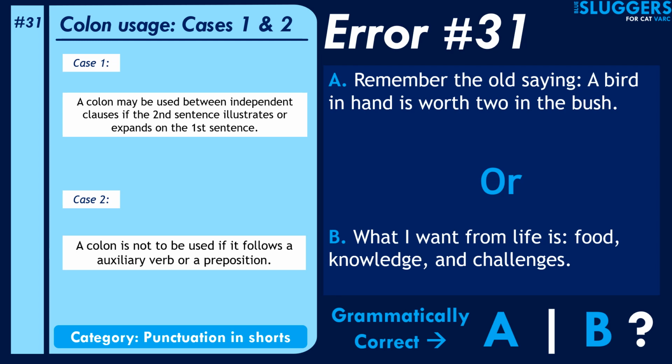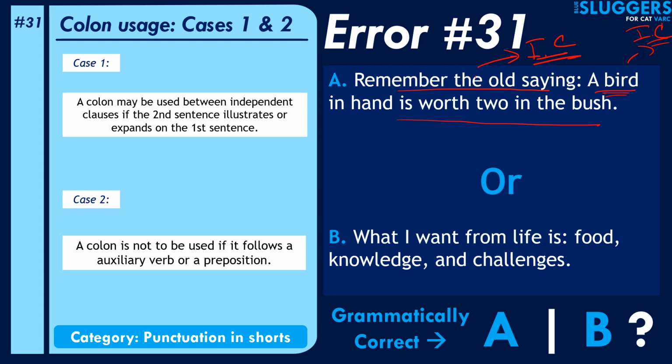It says, remember the old saying? Now, the first part is the first independent clause that we have here, and then the later part says a bird in hand is worth two in the bush, right? So this is yet another independent clause, and the second independent clause does seem to elaborate or illustrate the first part.